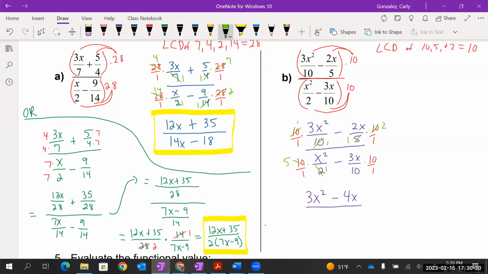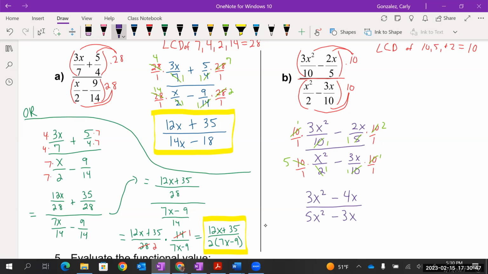And then we multiply straight across and we get 5x squared. Again, it's over 1, so we just get 5x squared. And on the bottom right, the 10s cancel, and we're just left with minus 3x. So we have 3x squared minus 4x all over 5x squared minus 3x.